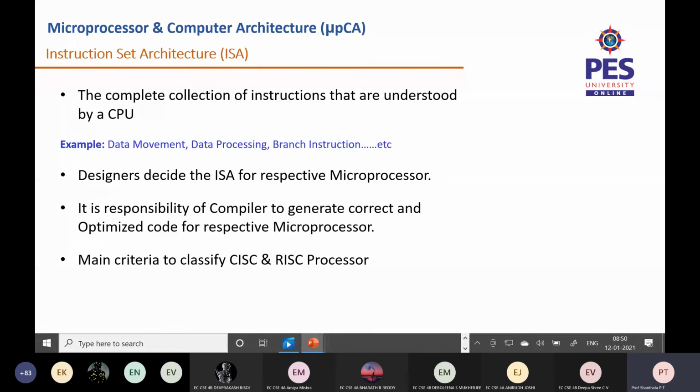In this section, we'll understand the instruction set architecture, ISA. So what is ISA? The term instruction set architecture is used to refer to the actual programmer visible instruction set. The ISA serves as the boundary between the software and hardware.